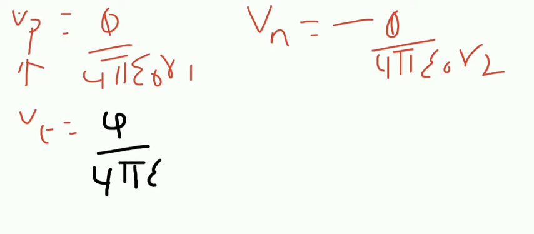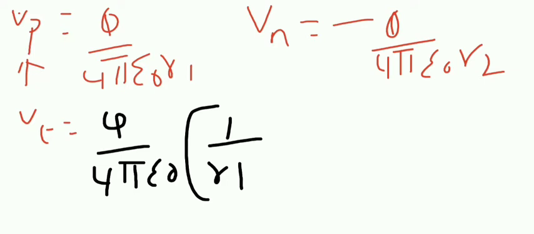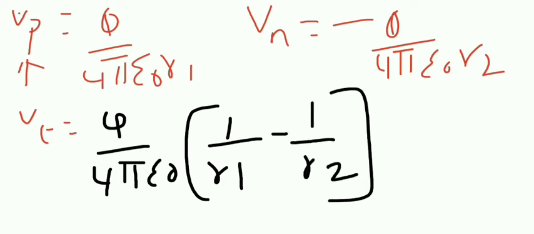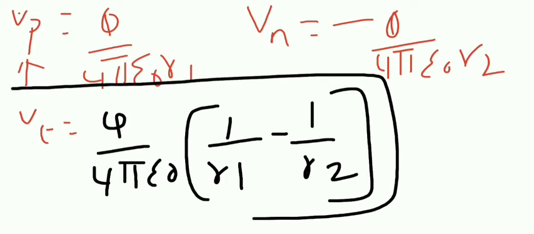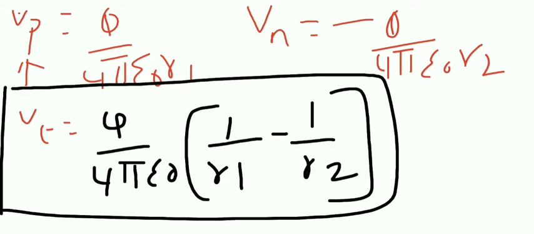So I take it outside: Q by 4 pi epsilon naught times (1 by R1 minus 1 by R2). This is the total potential at point P due to the dipole. Let us assume this is equation number 1.